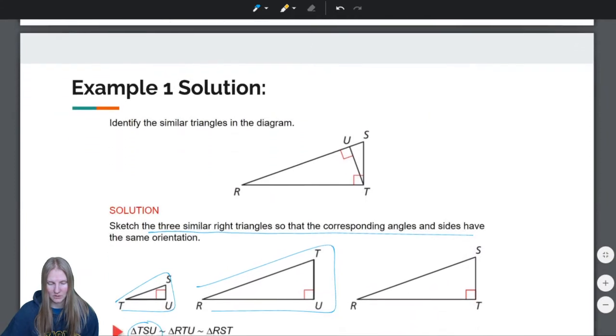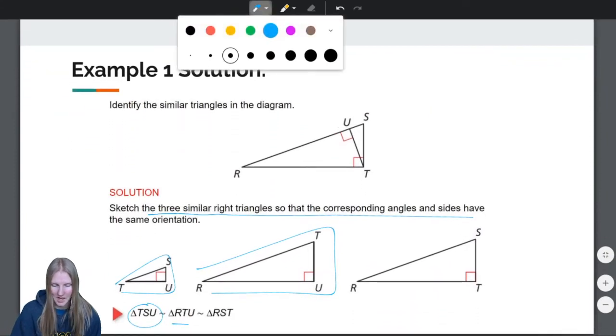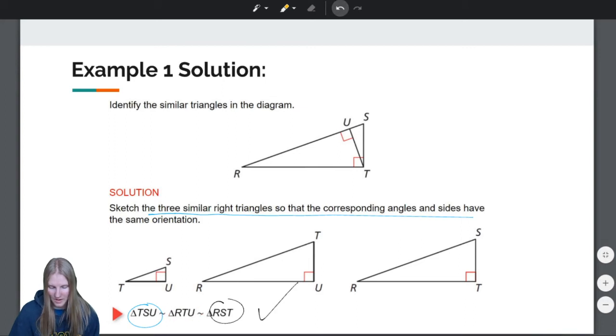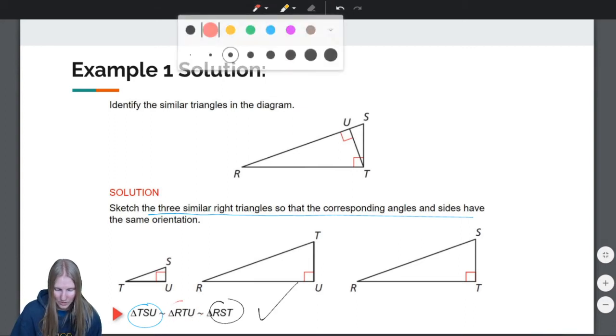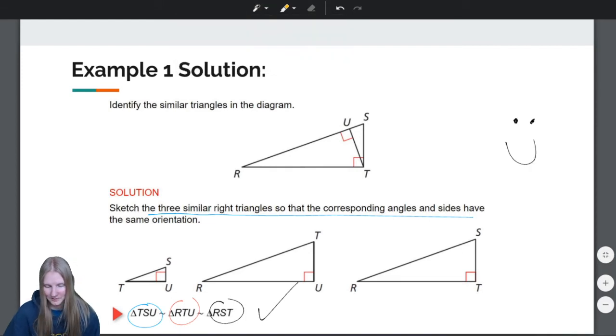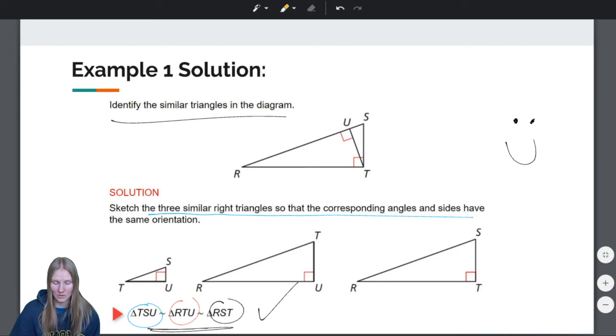Yes, TSU, that's what we had. This is how we did it. Wonderful, so we were correct. Hey, give me my red triangle back. So we wanted to identify the similar triangles, and that's what we did with our similarity statement.